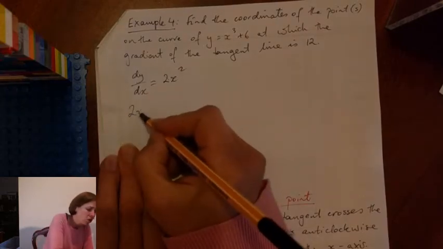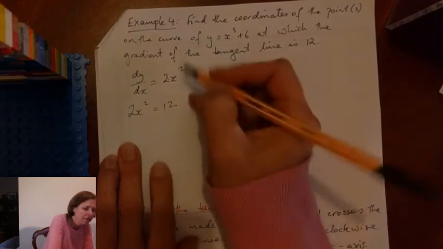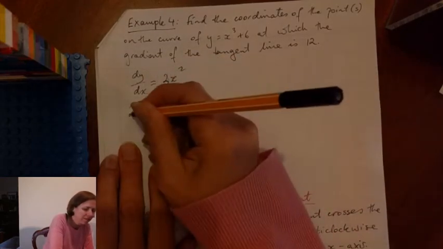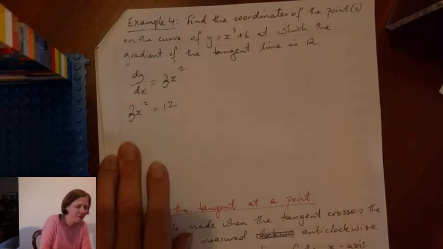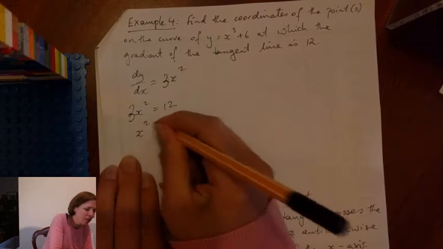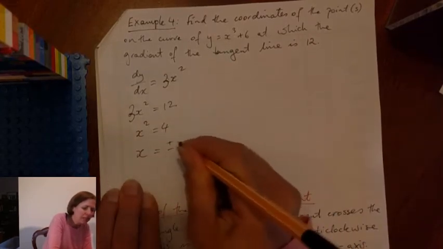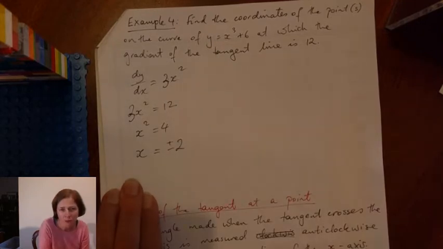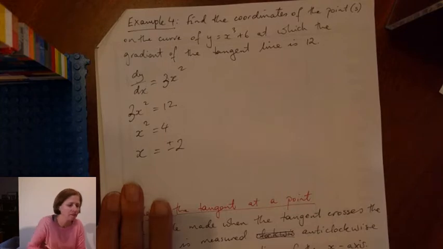So 3x squared equals 12, which gives me x squared equals 4, which gives me 2 possible solutions, x equals plus or minus 2. Always remember that when you have an even power and you're looking for an unknown, there's going to be 2 solutions, plus and minus. So x can be positive 2, x can be negative 2.